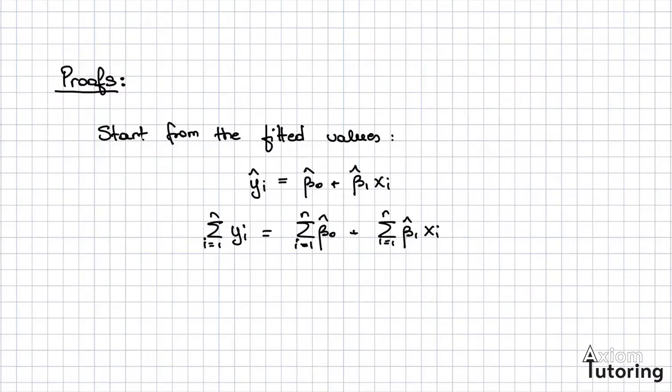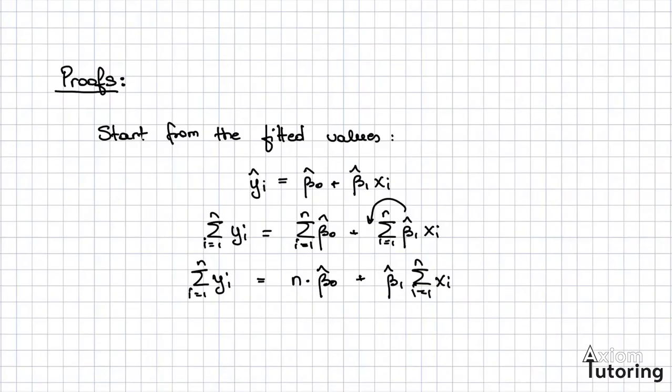From here, we know that the sum of a constant is simply n times that constant. And we can send the constant in front, so we can rewrite this as beta 1 hat times the sum of xi.